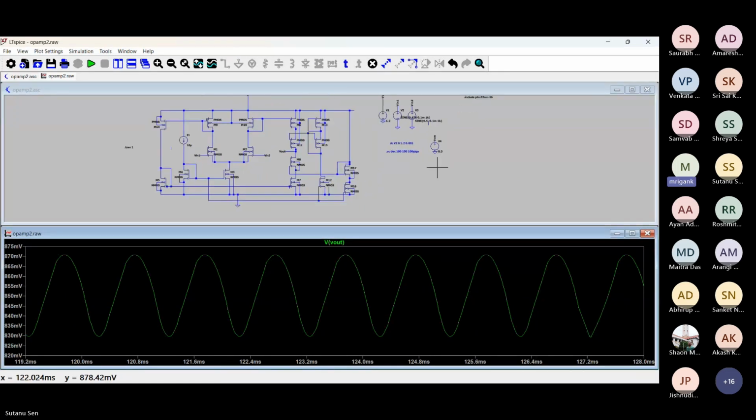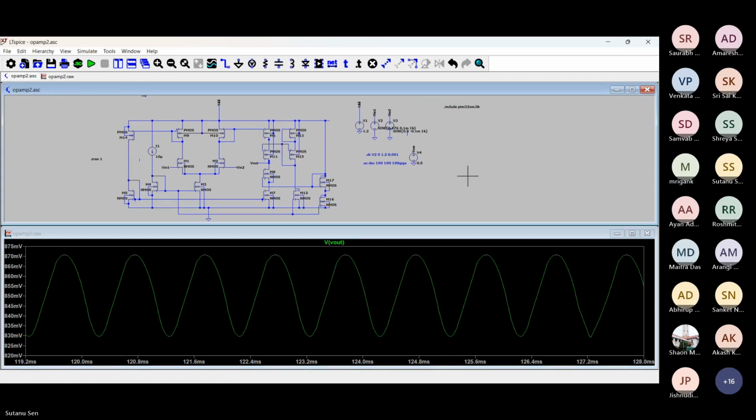How much is the input signal magnitude? What is the input signal magnitude?